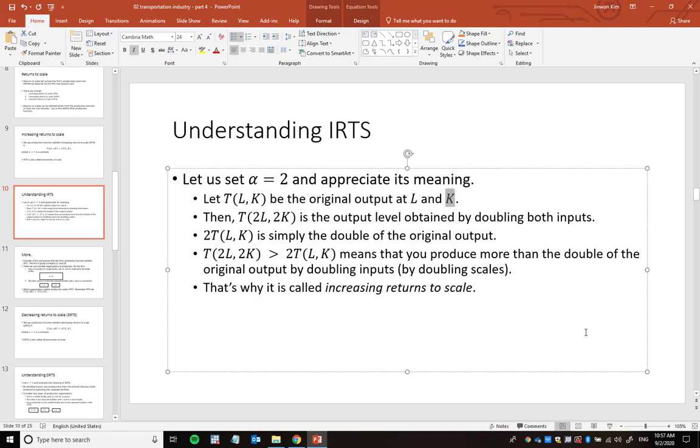Then what's the meaning of this T of 2L and 2K? That's the output level produced when we double both of the inputs. When we hire twice the original labor and twice the capital, it gives the output level obtained by doubling these inputs. What about 2 multiplied by this output? That is simply double the original output.